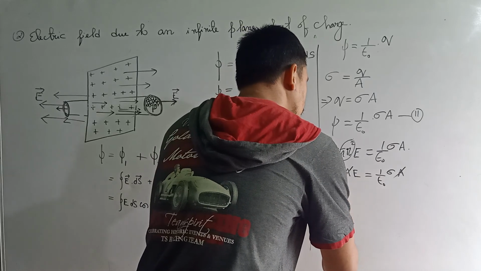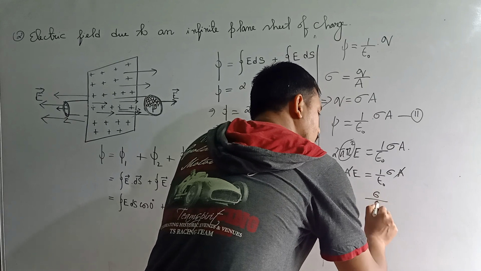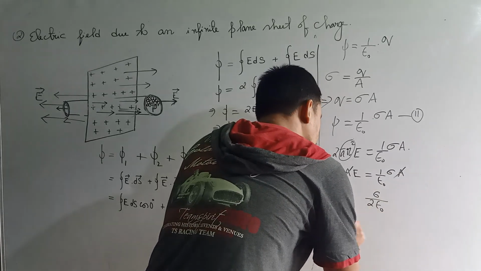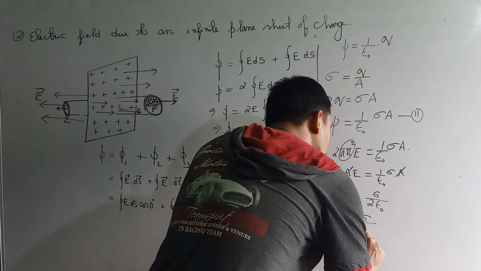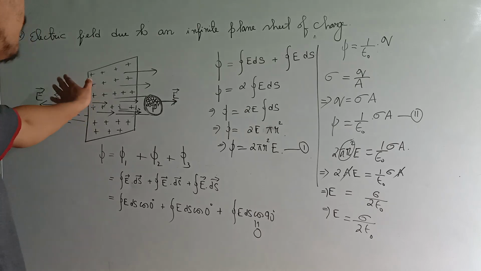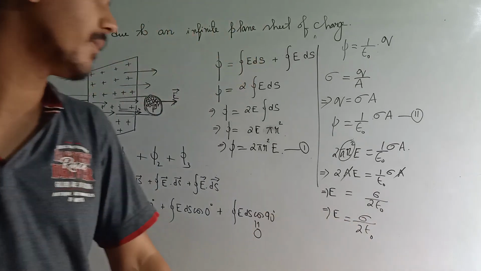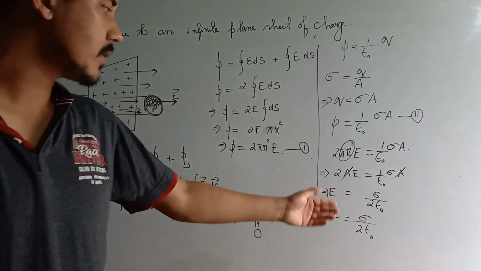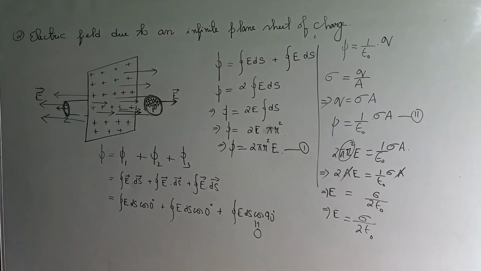So your electric field will be given by sigma upon 2 epsilon naught. So the electric field at any point due to an infinite plane sheet of charge is given by sigma upon 2 epsilon naught, where sigma is the surface charge density of this sheet. Is it okay?